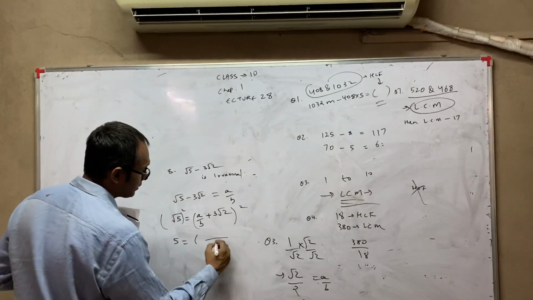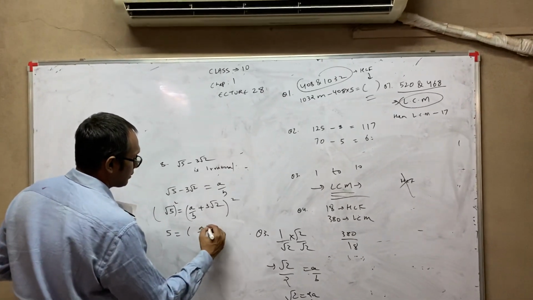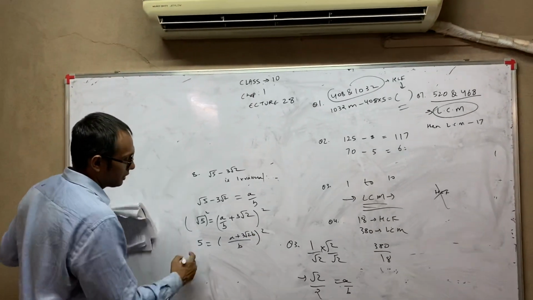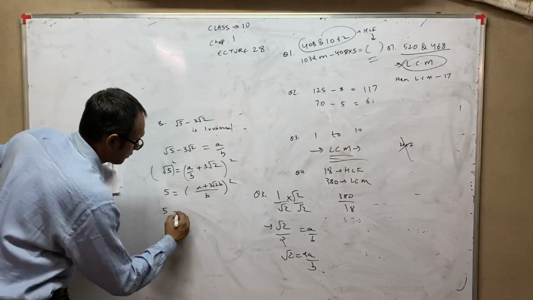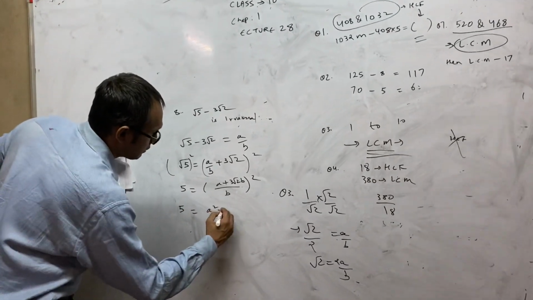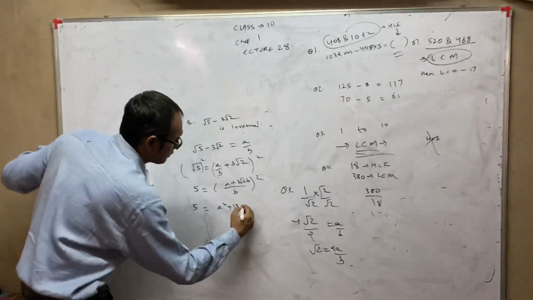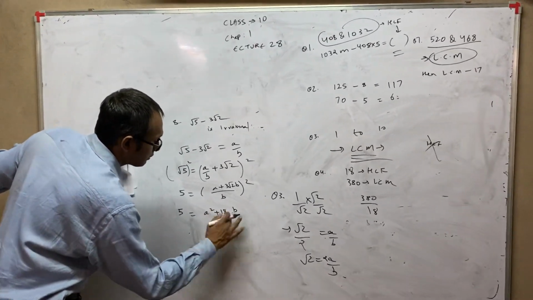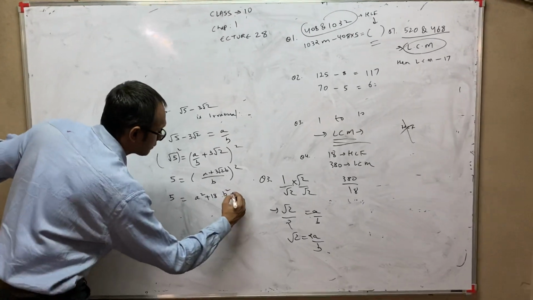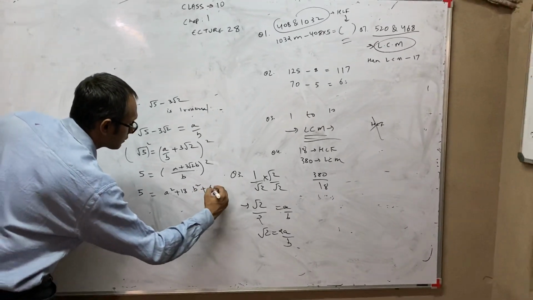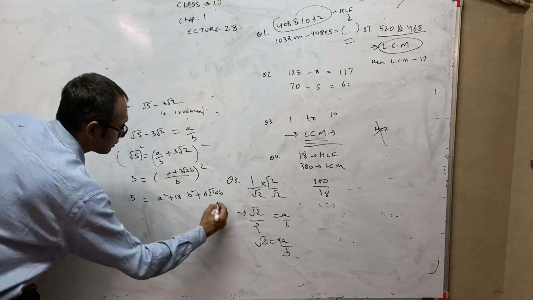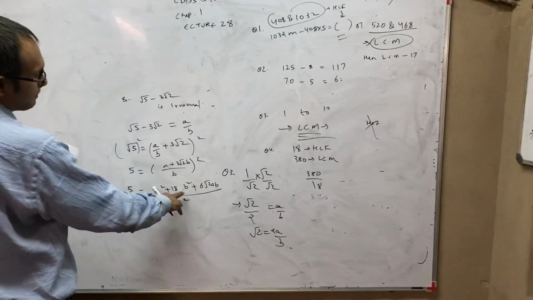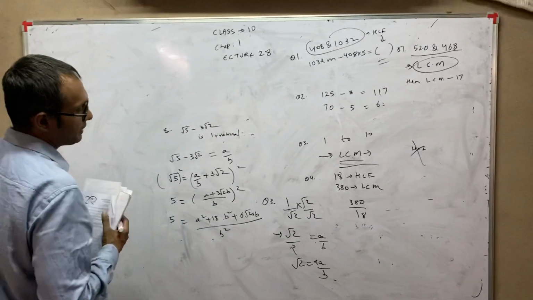Here I'll just do this one step first. a squared, 9 b squared, plus 2 a squared plus 18 b squared plus 6 root 2 ab.